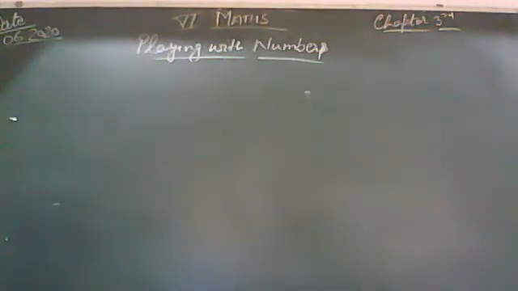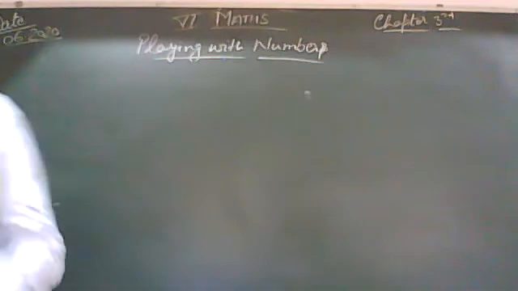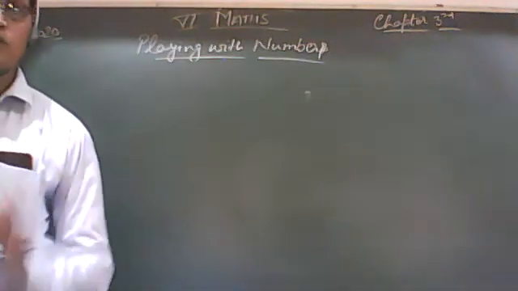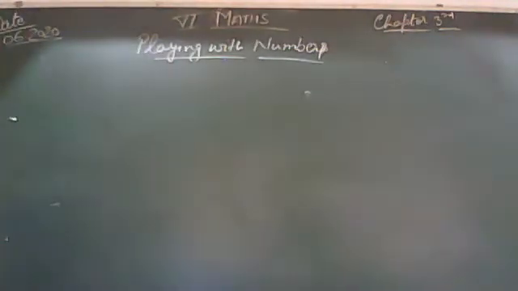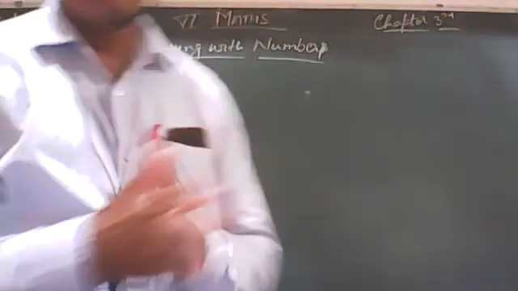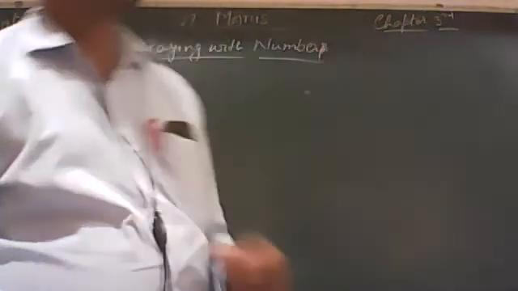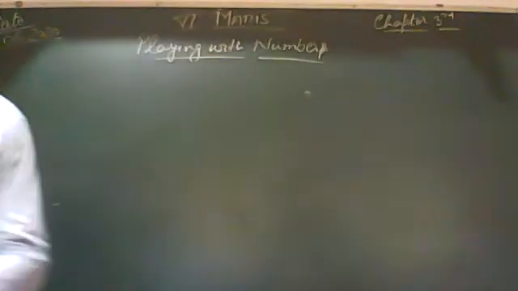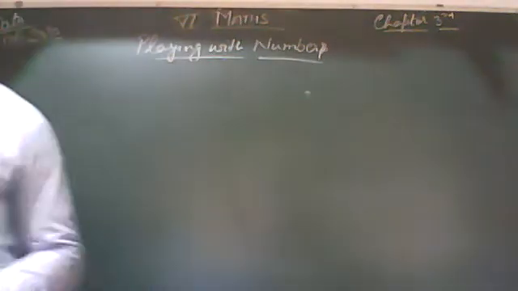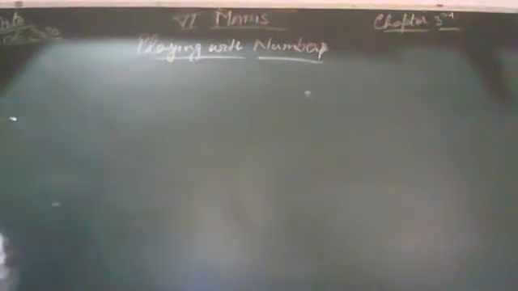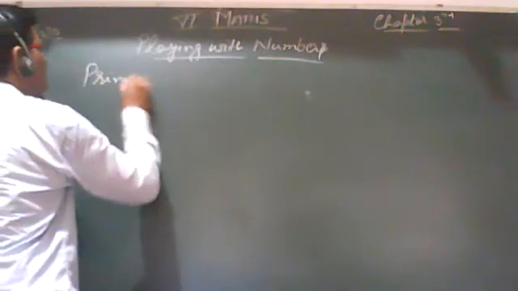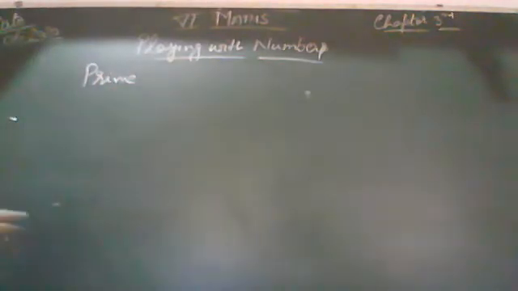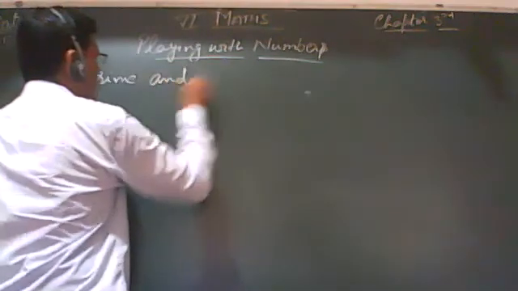In my earlier videos, I gave you some definitions: prime numbers, composite numbers, co-prime numbers, twin prime numbers, so many definitions. I hope all of you have written my definitions and learned them also. But we start this topic once again. Once again, I will revise these definitions, prime and composite numbers.